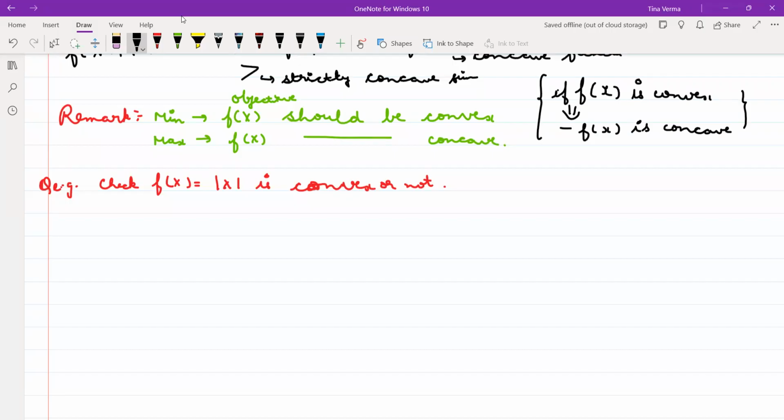So now you have to check whether f(x) equal to mod of x is convex or not. How can you check that? You can take x1 and x2 as 2 points.